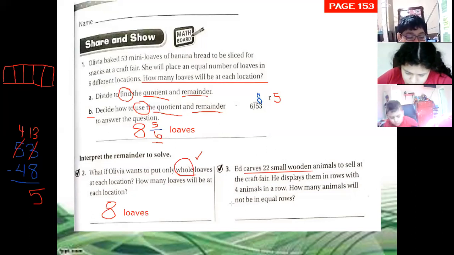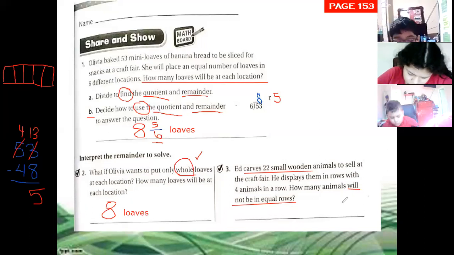How many animals will not be in equal groups? Will not be in equal groups. So what do we need? We need that remainder, because the remainder, which are the leftovers, will not be an equal group like the rest of the animals. So what do we have to do?